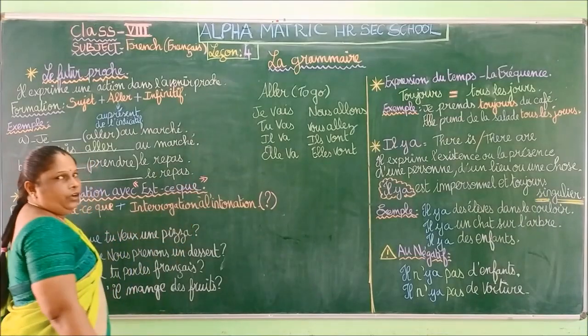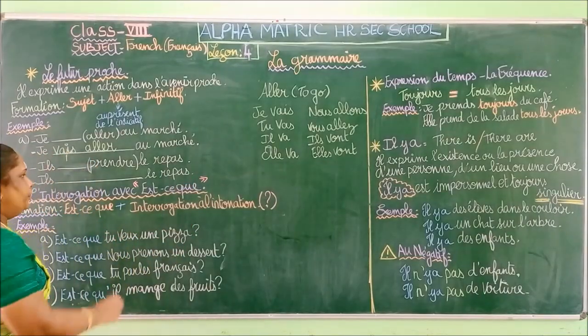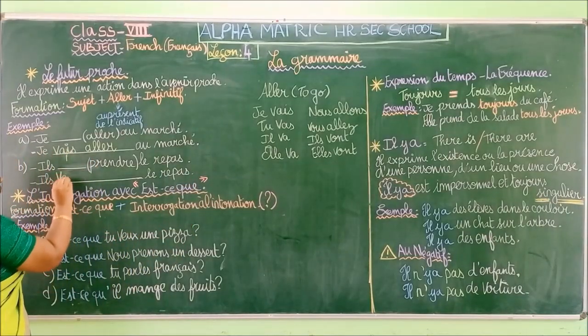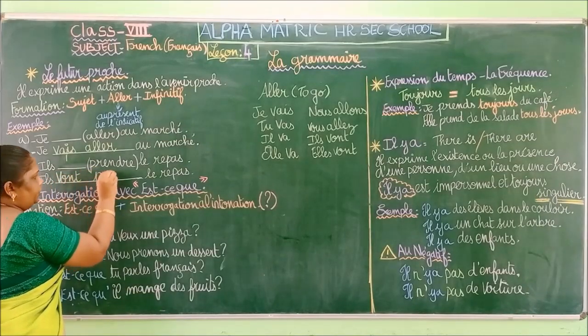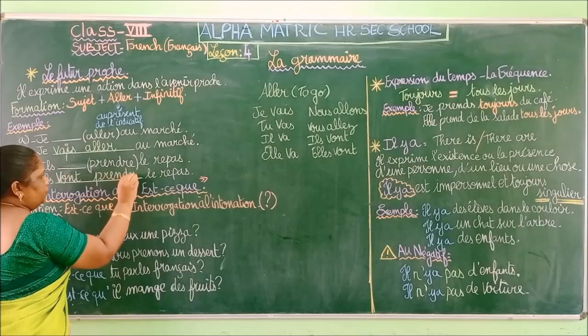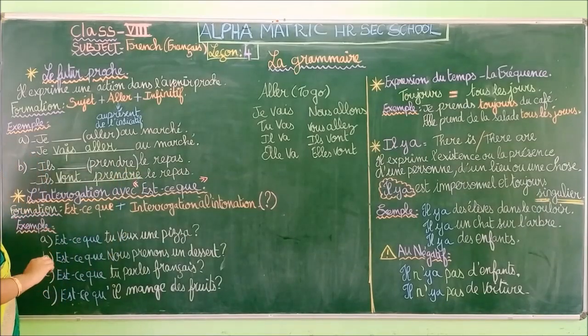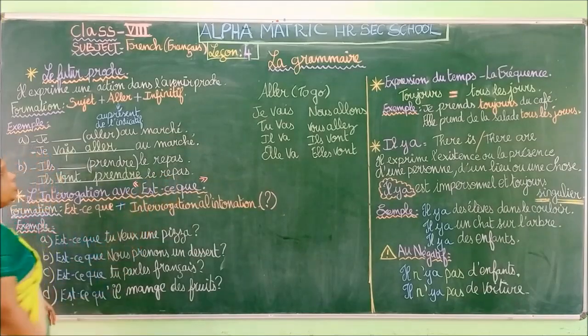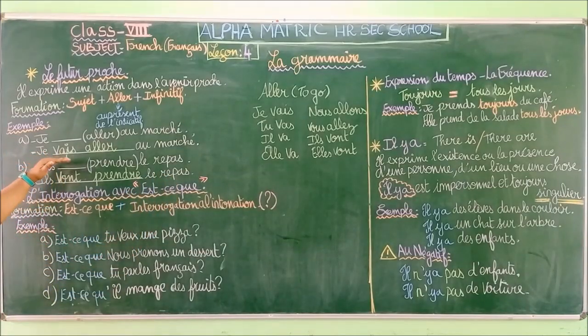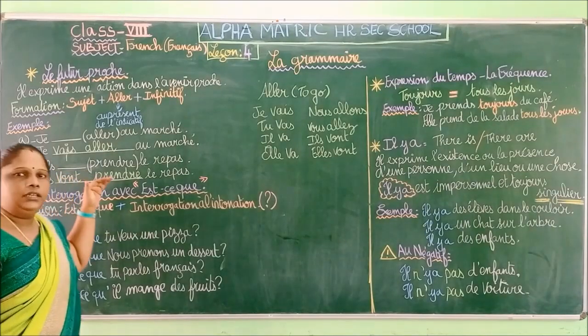The other verb, prendre, remains the same because we have to put it in the infinitive. So ils vont prendre le repas. So you can identify how to change a sentence into futur proche. So you will have an exercise regarding this.